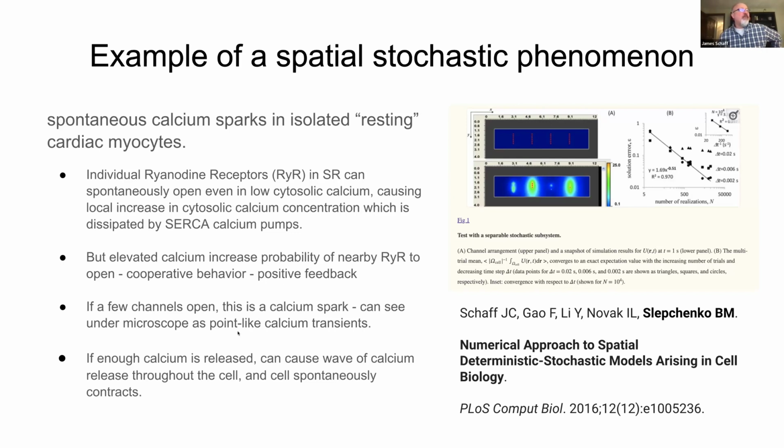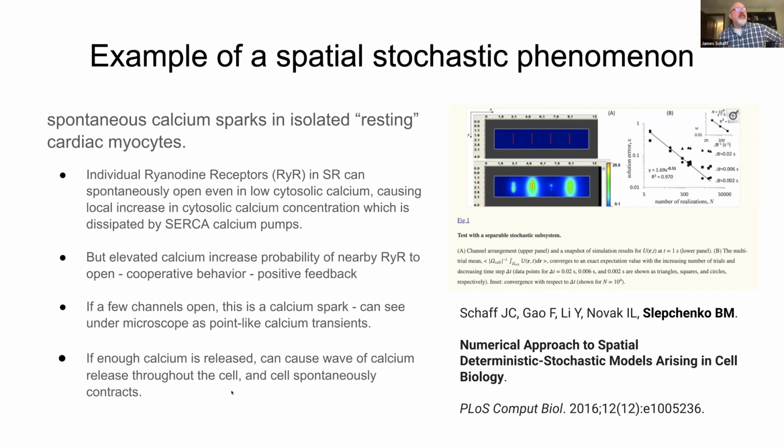A few channels are open at a time. This is what they call a calcium spark. You can see it with fluorescence microscopy. If enough calcium is released in enough places, and it elevates the overall calcium in a region, it can really set off a wave of calcium that can go across the whole myocyte.